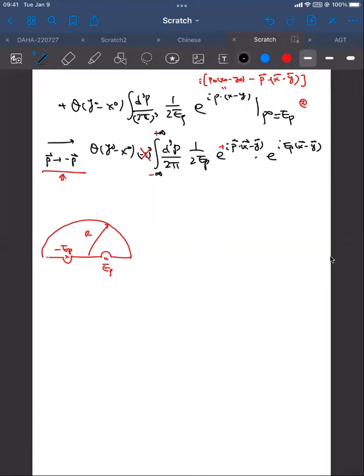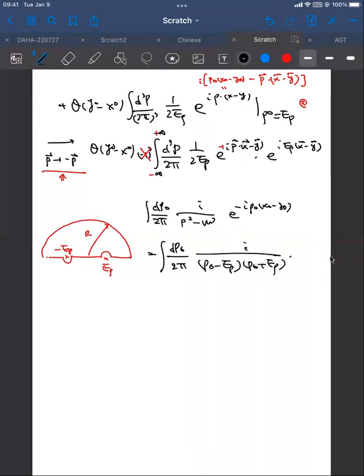Then we include the dp0 integral as before: i over p squared minus m squared, e to the minus i p0 (x0 minus y0), which is dp0 over 2 pi, i over (p0 minus E_p)(p0 plus E_p), e to the minus i p0 (x0 minus y0). Now we pick the pole because of this contour C2, and look at the arc contribution.